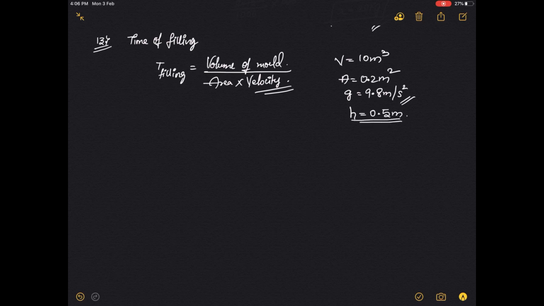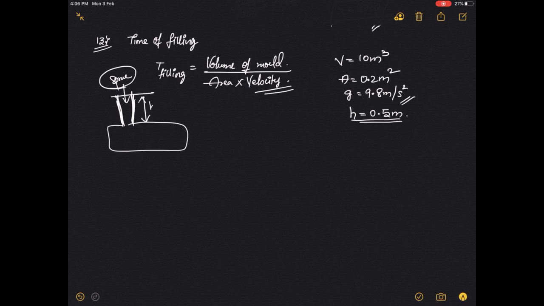Okay, so what is this sprue? In my previous video also I have drawn about this. So this is my cavity, the vertical path is my sprue, and this height that they give is 0.5 meter.